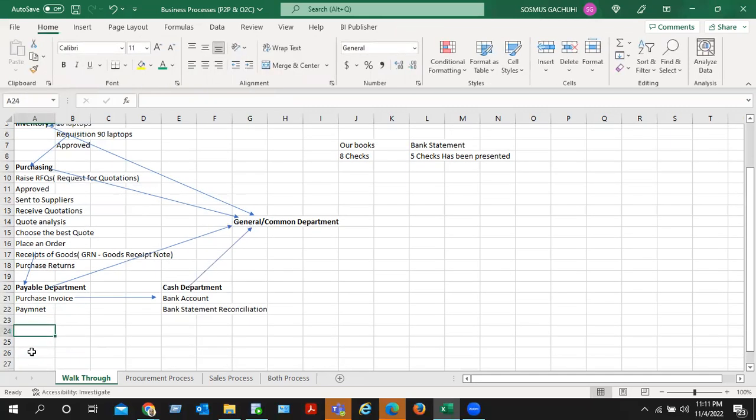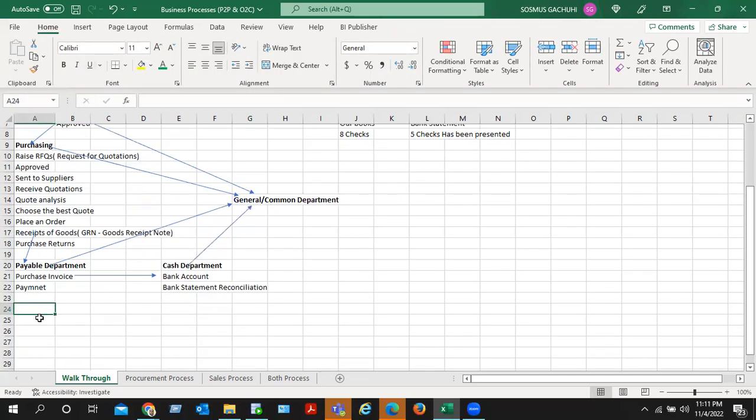And then one more thing: in a situation whereby you are purchasing, or you have received an invoice which has details of not an inventory item. That is, it's not an inventory item and it's not an expense item. So probably it is an asset item, okay?